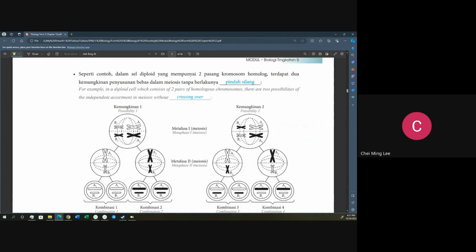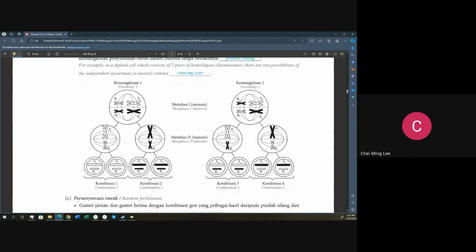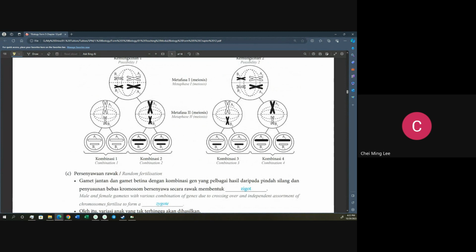For example, in a diploid cell which consists of two pairs of homologous chromosomes, there will be two possibilities in this independent assortment in meiosis without crossing over. Means that you see, they might arrange like this, or they might do like this, so you will get combination 1 and combination 2.